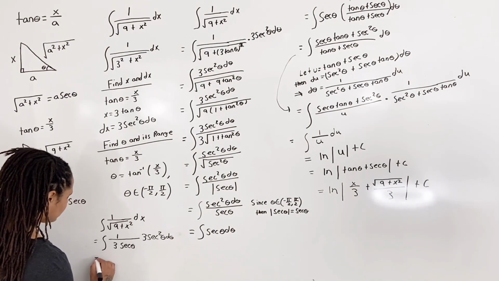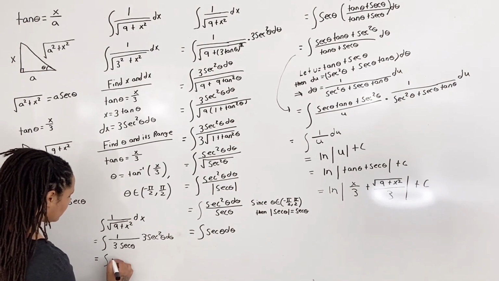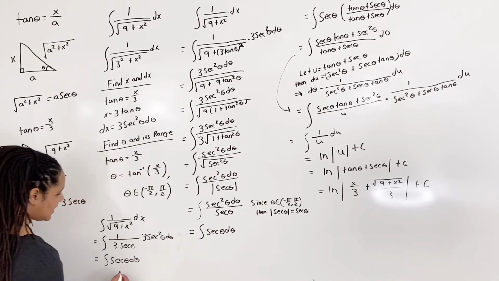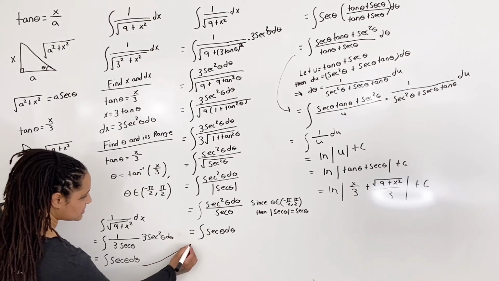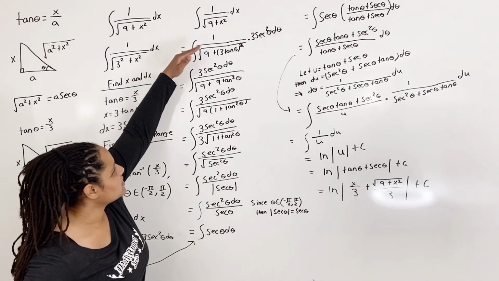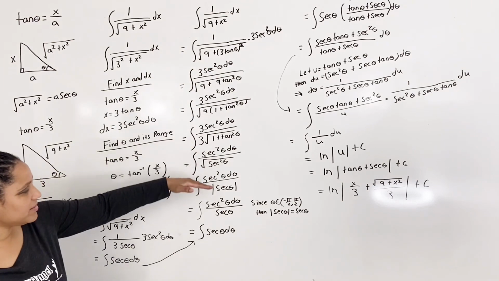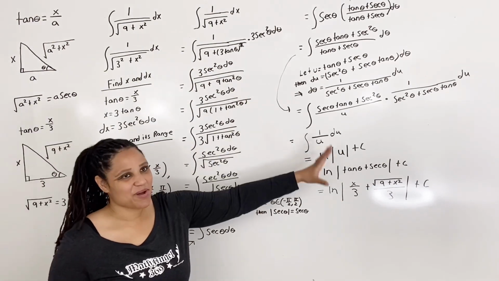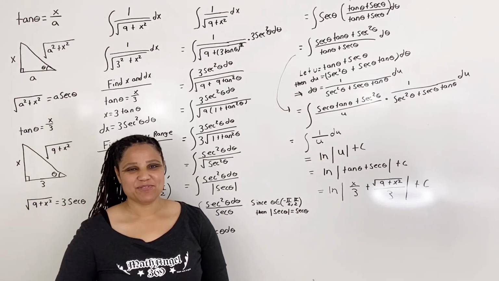So that gives me the integral of secant theta d theta. And notice that is the step here. Look how many steps you could have skipped. Once you get here, you can just finish the problem like you did before.